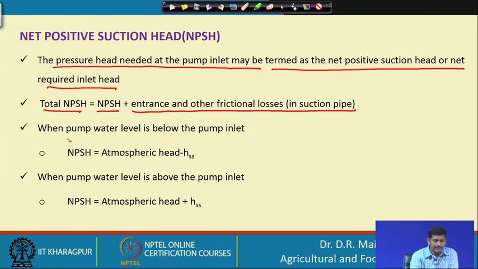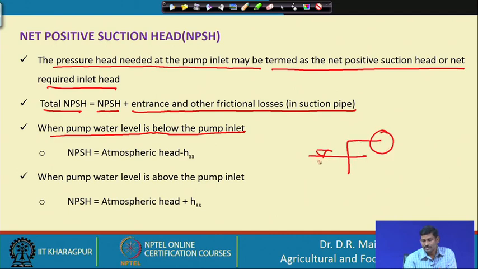Okay. And then when the pumping water level is below the pump inlet, suppose you have a pumping water level which is below the center line of the pump, then the net positive suction head is equal to the atmospheric head minus the HSS.